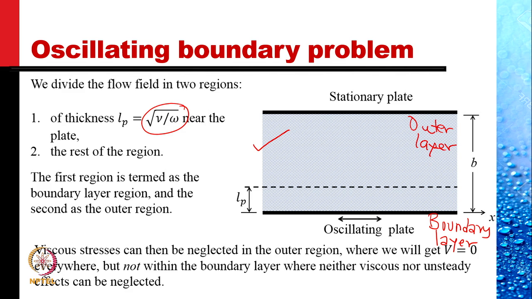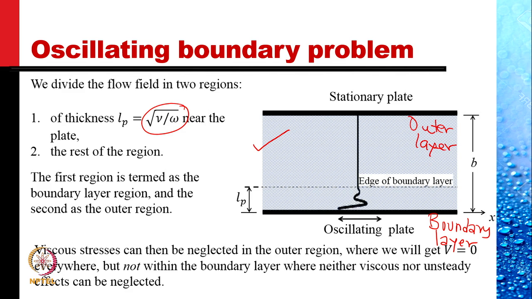So that we now obtain two equations, one valid for the boundary layer and the other for the outer region. And the flow solution would be this. The equation for the outer flow is simply dvx by dt is equal to 0, as we have obtained in the last slide. And the upper boundary condition is applicable to this.